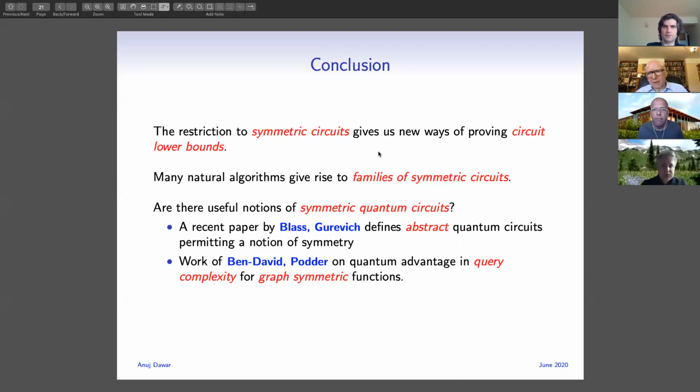Okay, Anuj, so you said you want to make connection to quantum computation. I think we have time for that if you want to. I don't see any questions right now.